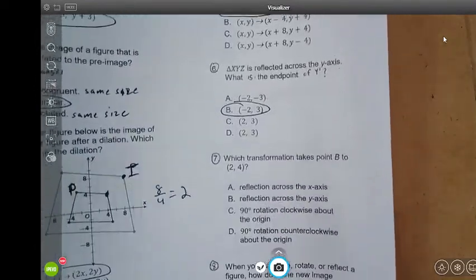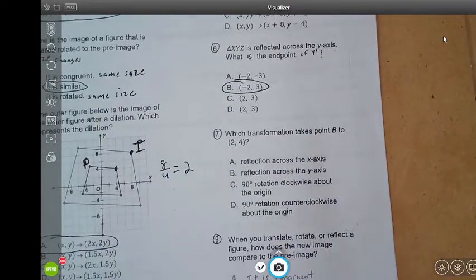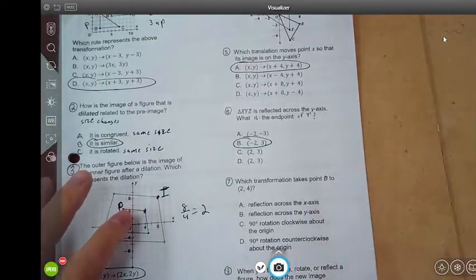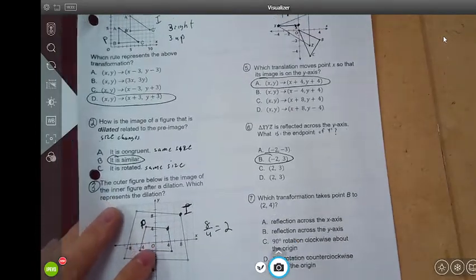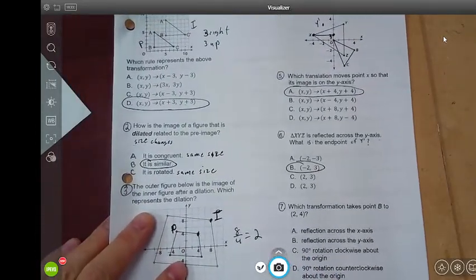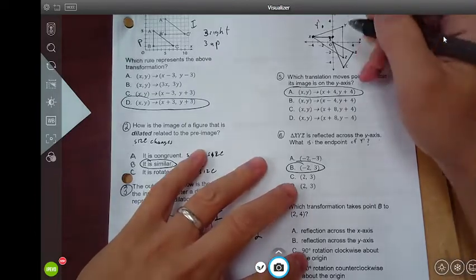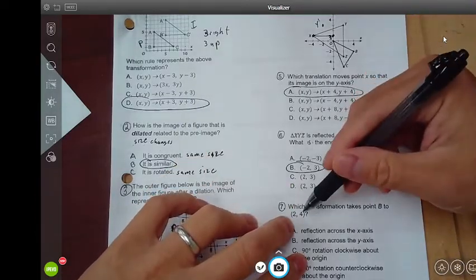Number 7 says, which transformation takes point B to 2, 4? Let's pan out here so we can see both the question and the graph. Point B is moved to 2, 4.